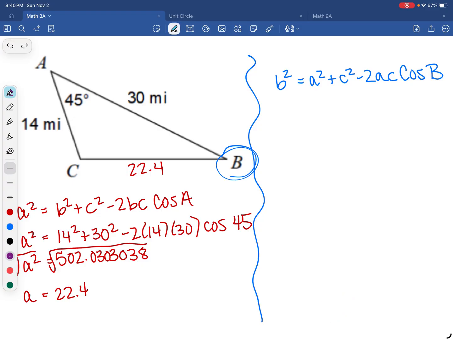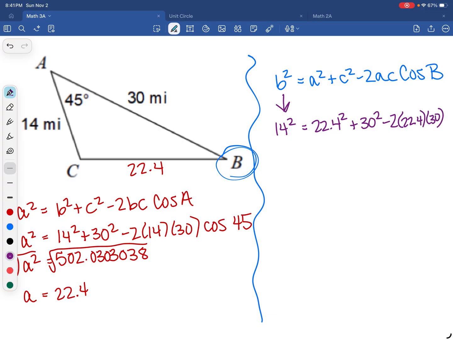Okay, so this time we know side B. So that's what's a little weird. We know that B is 14, so 14 squared equals our side A is 22.4. Our C is 30, so 30 squared, minus 2 times 22.4 times 30.